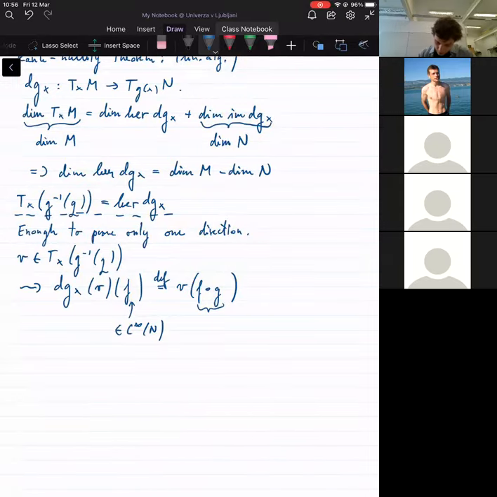This is a smooth map from M into R. But this v here is a derivation on the manifold g^-1(q).